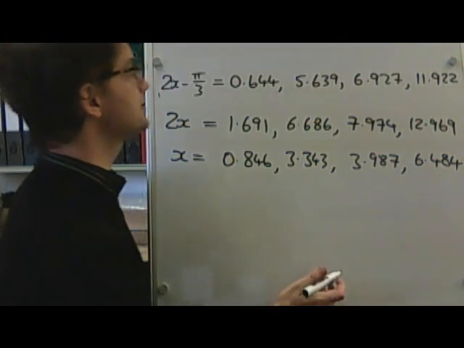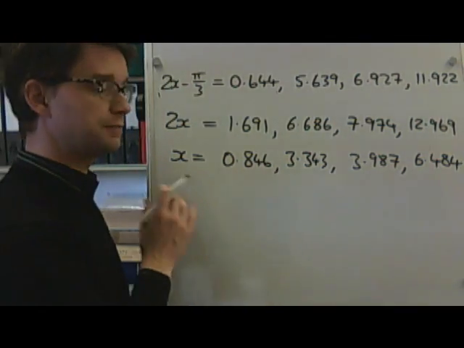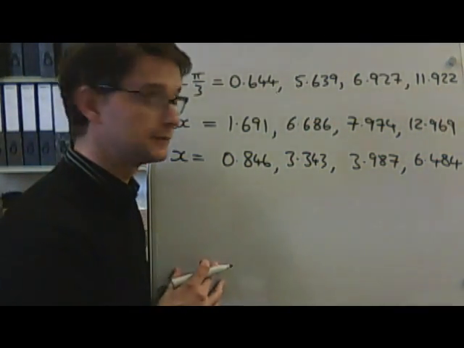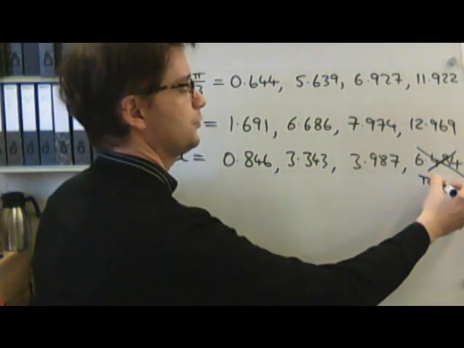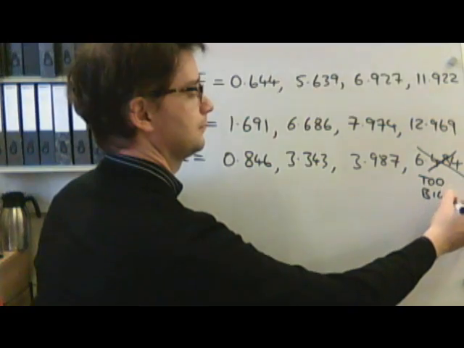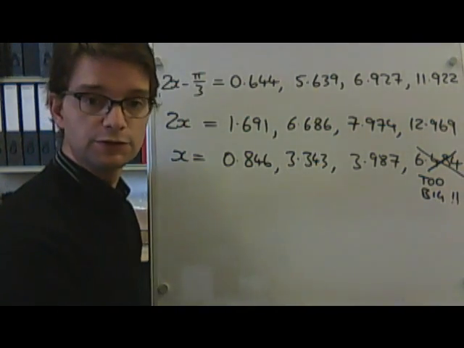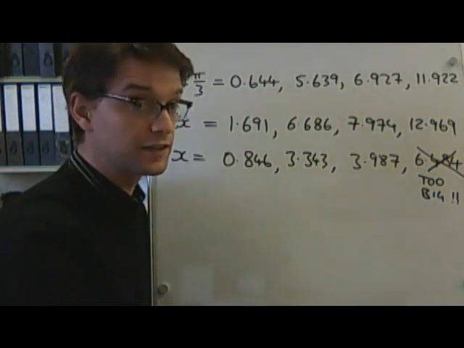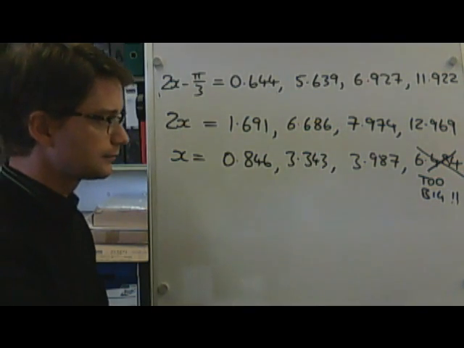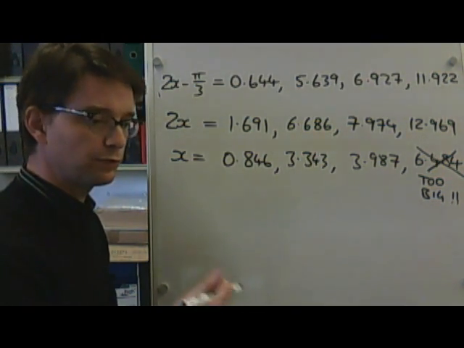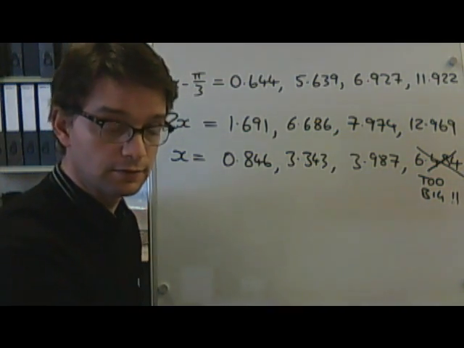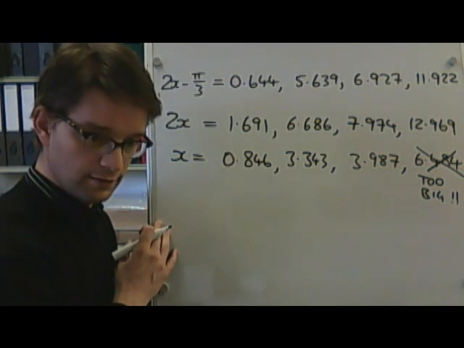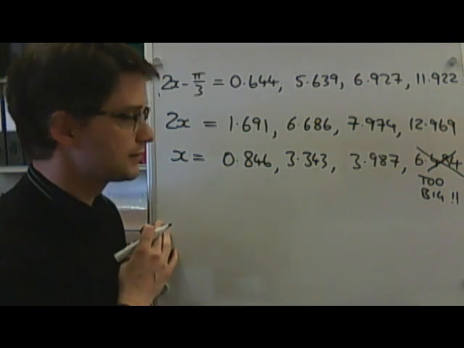And the problem is, I was looking for solutions of x between 0 and 2 pi. And this figure is bigger than 2 pi. It's too big. 6.48 is bigger than 6.28. What that probably means is there's another solution at the other end, and I need to find where that is.